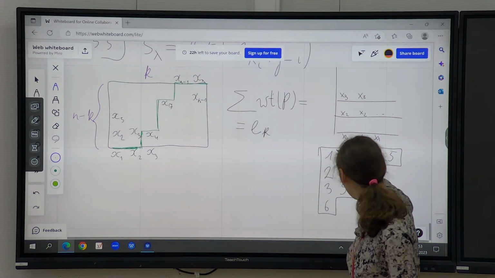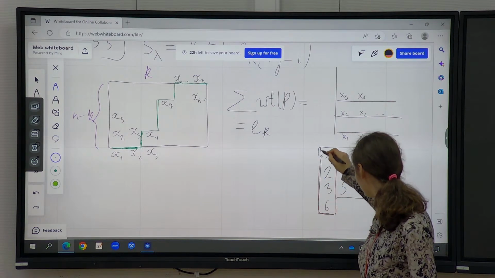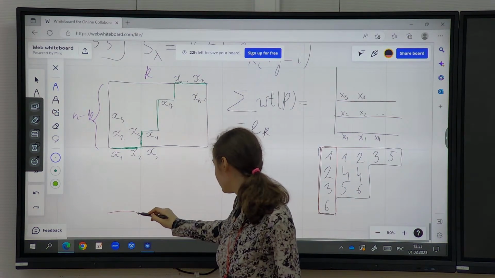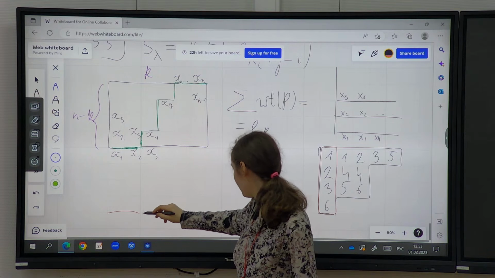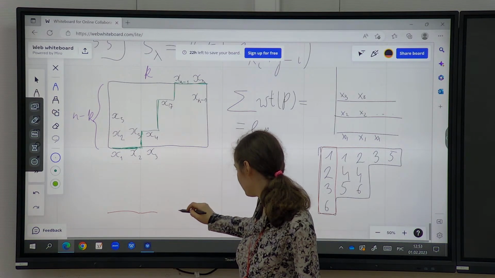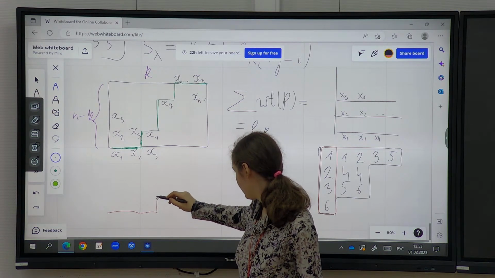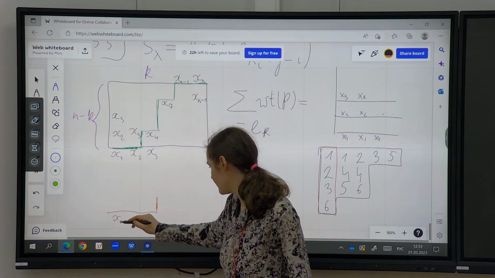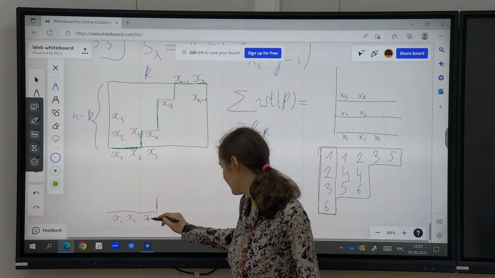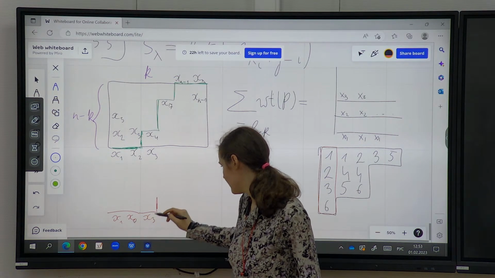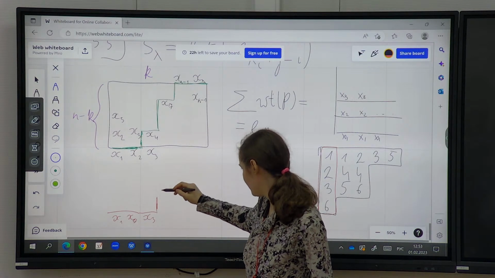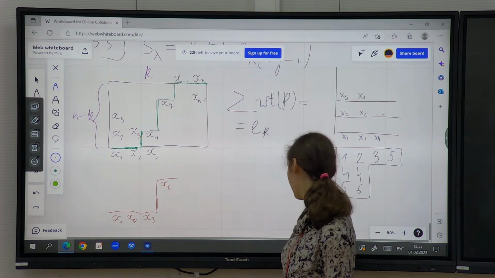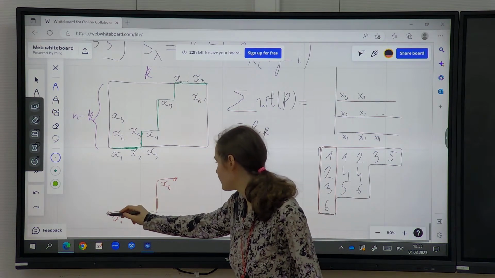And then we draw paths for each column. X1, X2, X3, X4, X5, X1, X2, X3, X4, X5, X6. And from here to here.